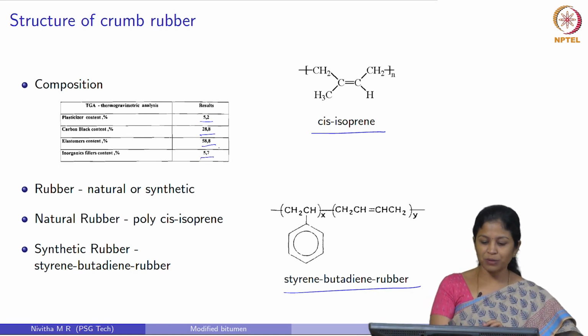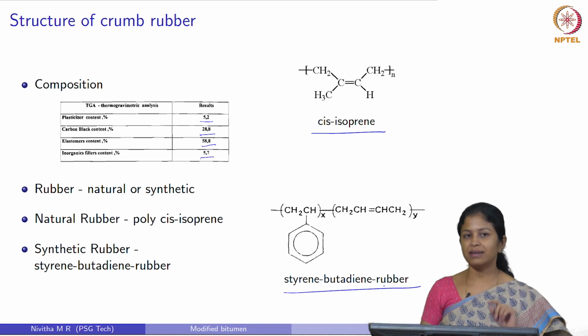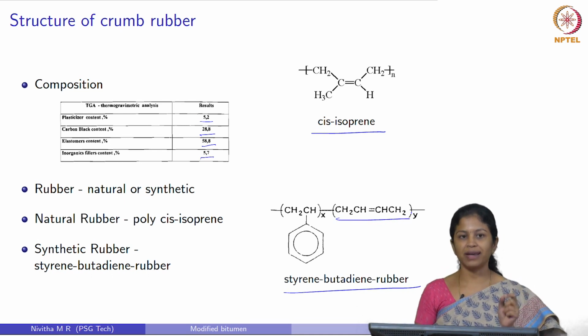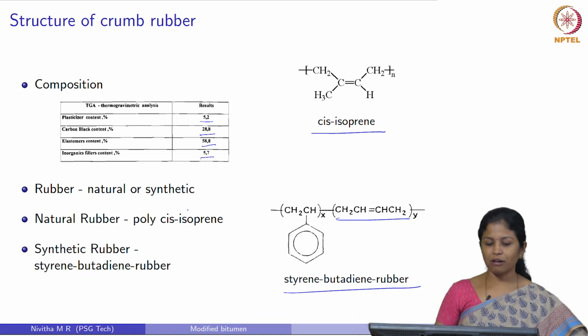This elastomer, about 58%, is nothing but styrene butadiene rubber. The previous case we had seen is styrene butadiene styrene; this is styrene butadiene rubber, and this is the composition of crumb rubber.